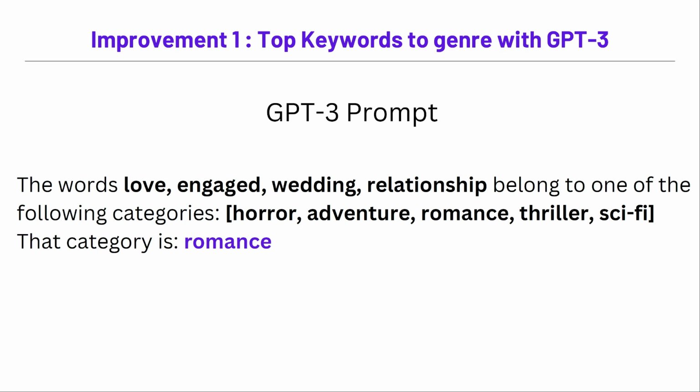Now let's discuss some interesting improvements that we can make to the discussed algorithm. For example, we extract these words love, engaged, wedding, relationship for cluster 1 as the top n words, and looking at those top n words we are assigning a genre from a given list of genres that we already have. Now that's done manually, but what you can do is convert the same thing into a GPT-3 prompt, where the prompt could look like this: the words love, engaged, wedding, relationship belong to one of the following categories, and you give all your predefined list of categories here.